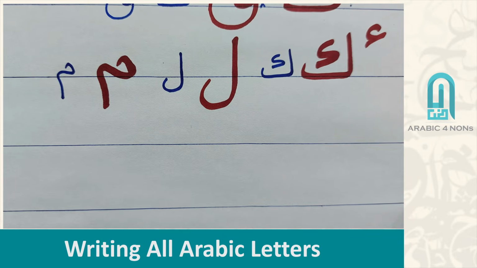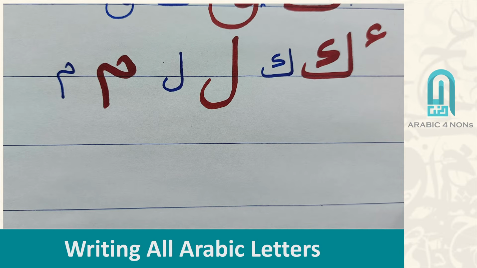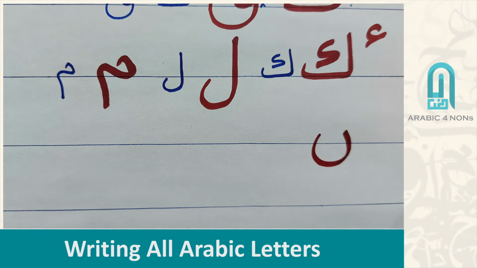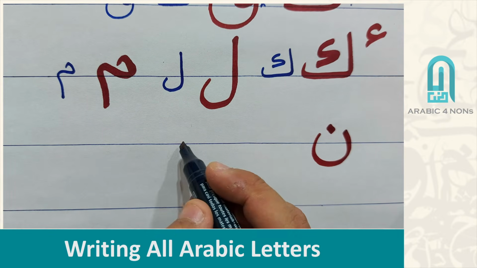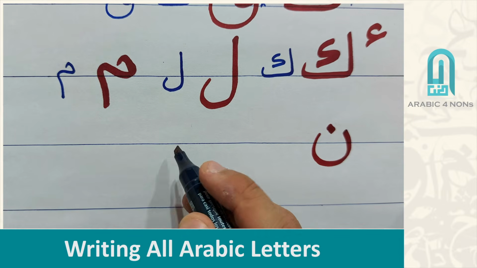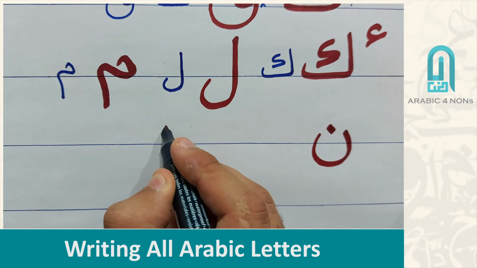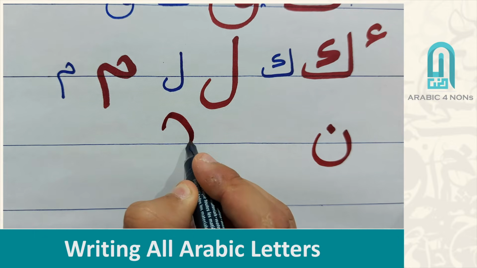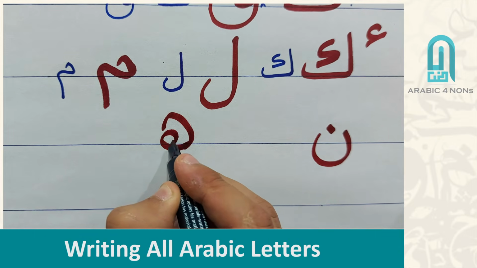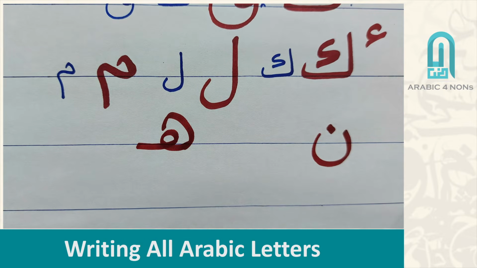Moving to the next one. Letter Na is very simple. It's only a curve like this and one single dot. Letter Ha needs your attention. We have two circles. One is inside the other one. We start a little up. We go the bigger one first, the outer circle, and then the inner circle, and we stretch it as small, like this.